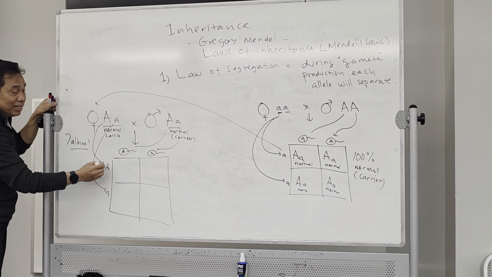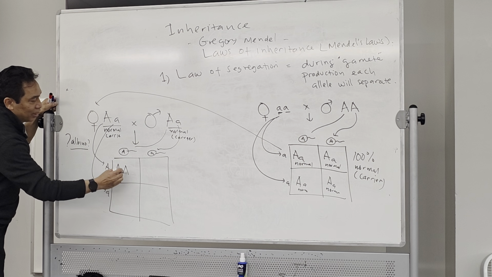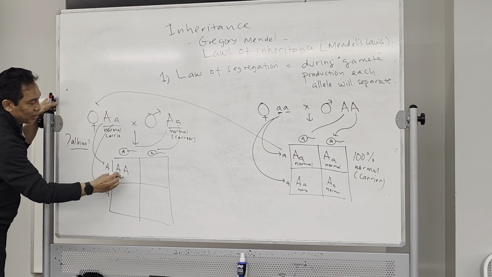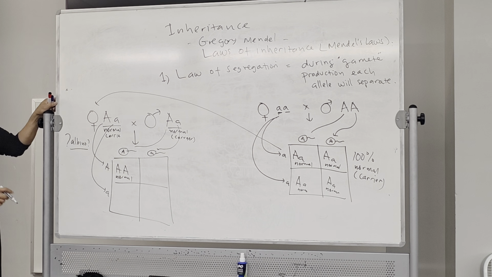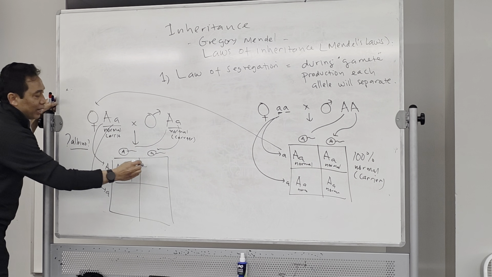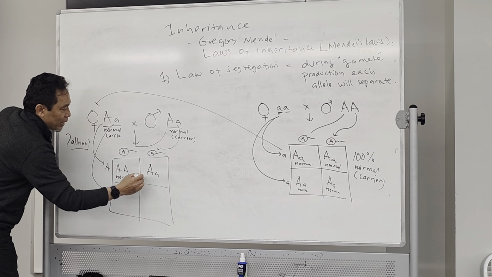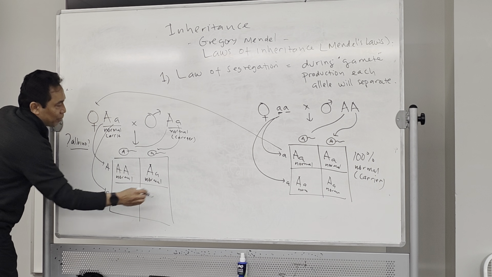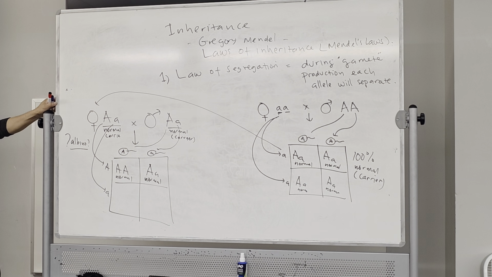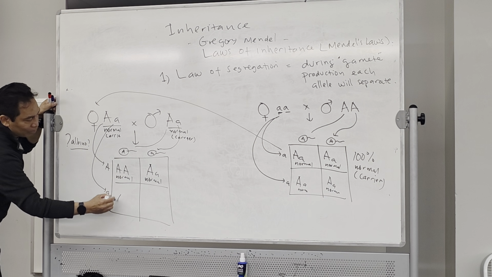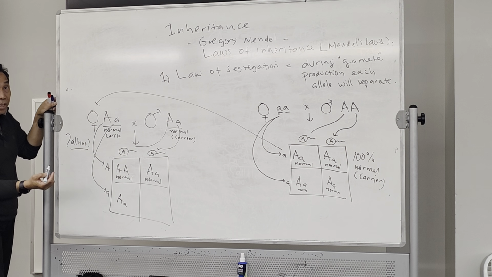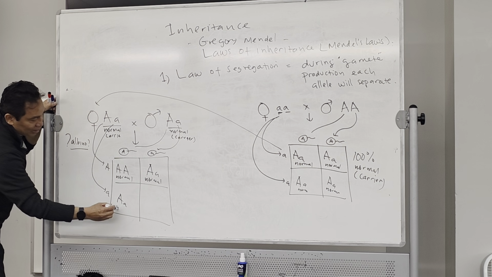Now, what are the children going to be? From the first combination, you have a child that is normal, homozygous dominant. You're going to have another child that is normal but carrier. And then how about this? It's going to be the same. Normal, carrier.